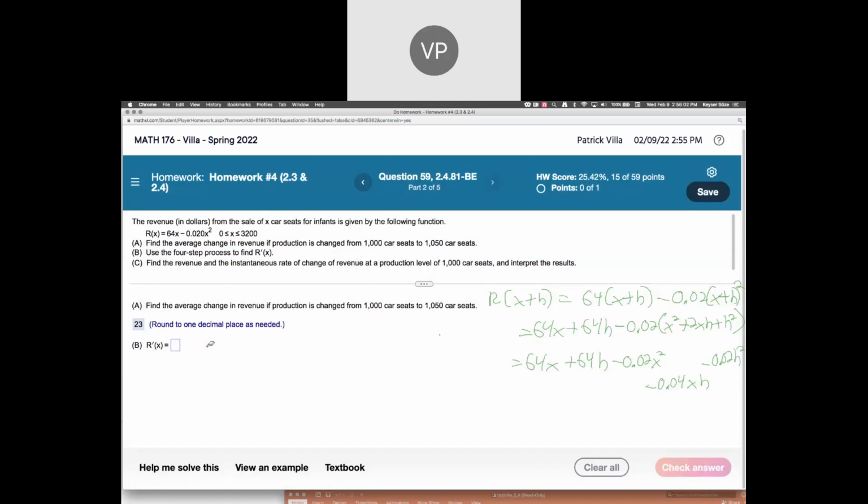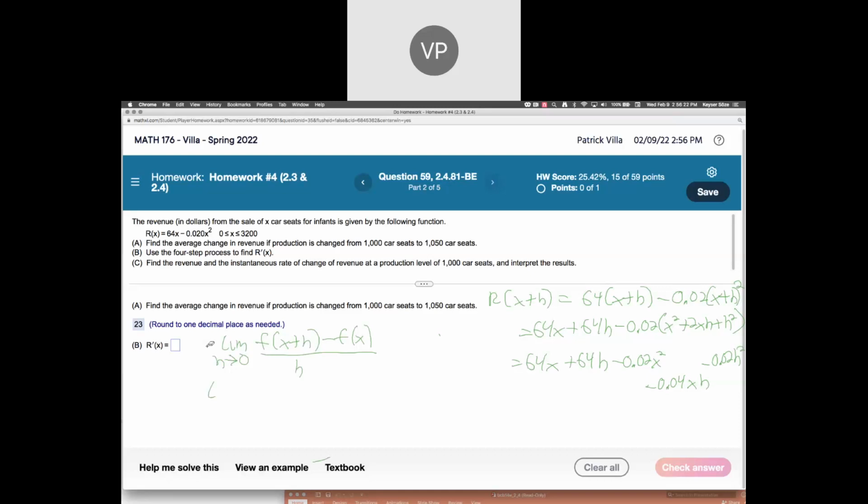Okay, so that's the R of x plus h. So what I'm going to do is, in time, you'll start going to this step immediately. I'm going to go and just find out, this is what I need to ultimately find. f of x plus h minus f of x all over h. Okay, so that's what we need to find.